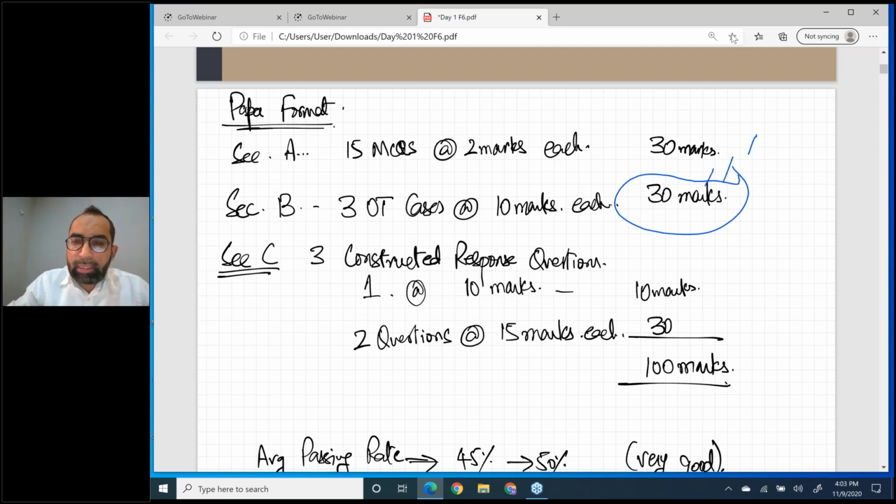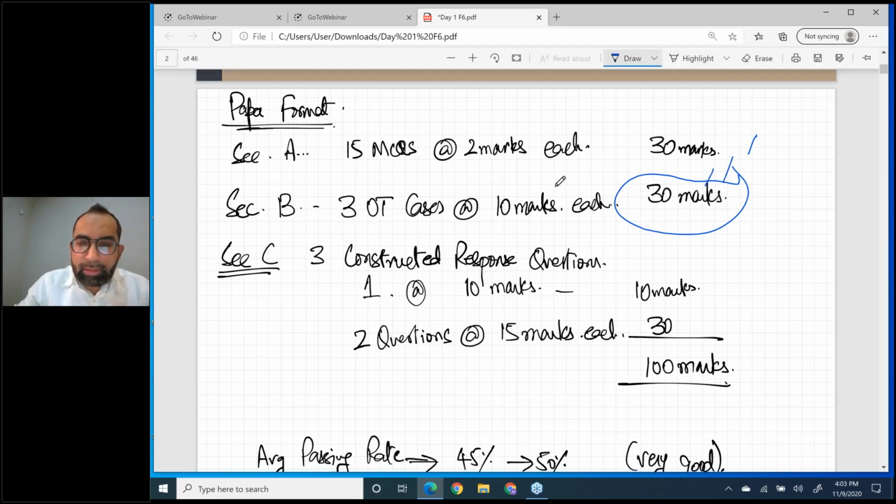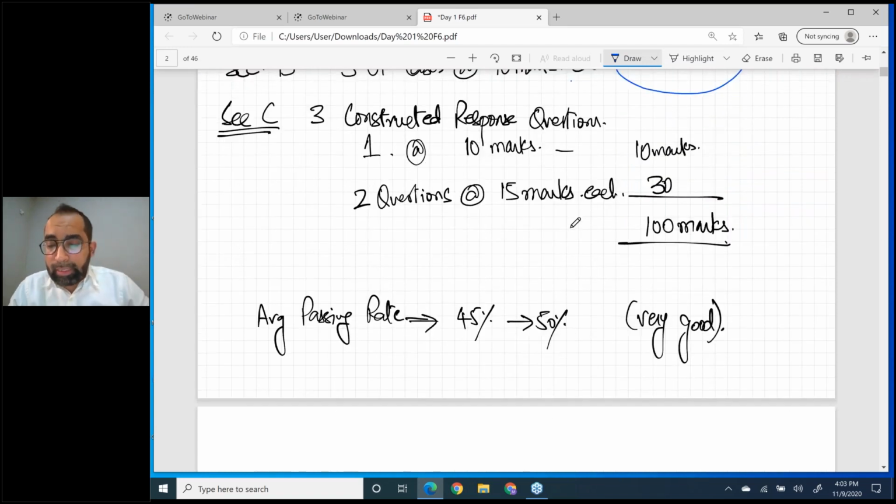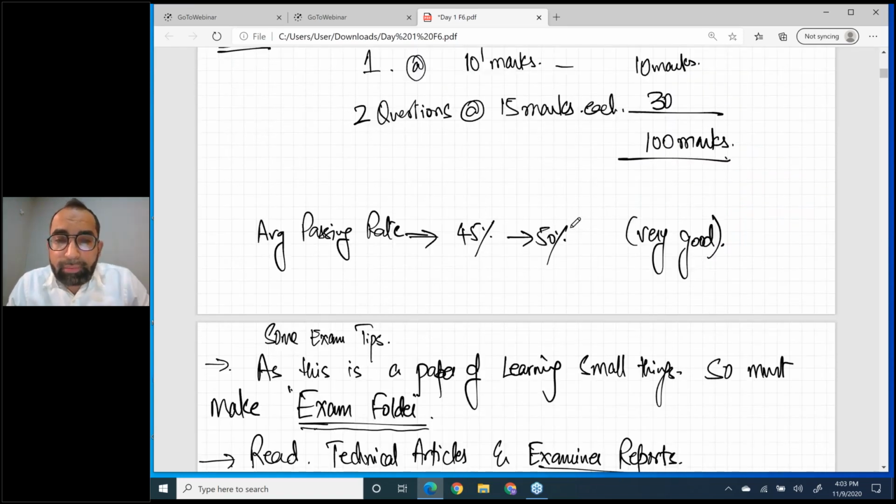Now the question is, sir, what's the average passing rate of this paper? Luckily, the passing rate of this paper is always good, around 45 to 50%. For a professional qualification, this passing rate is excellent, because there are some papers in ACCA on which the passing rate is just 35 to 40%.